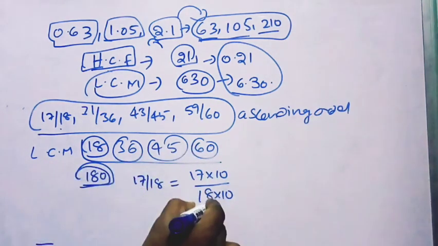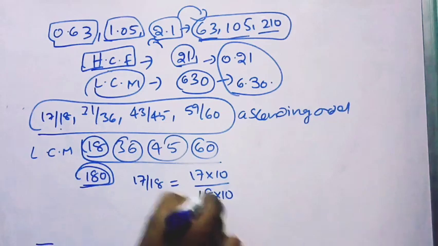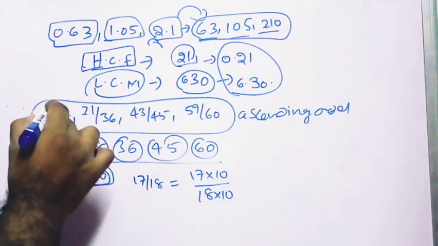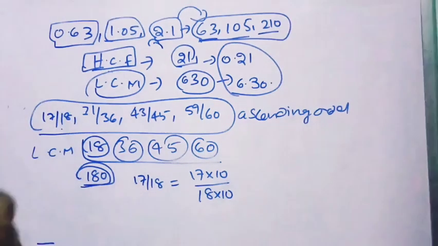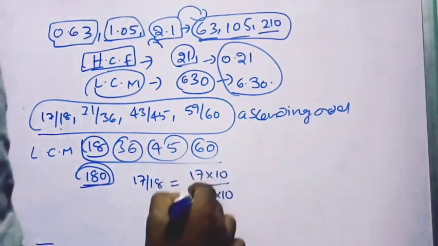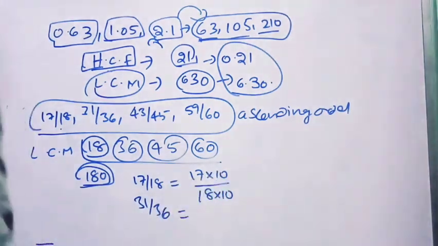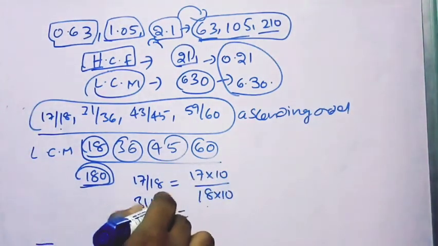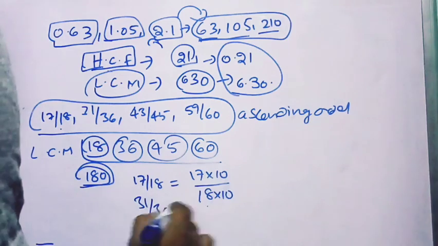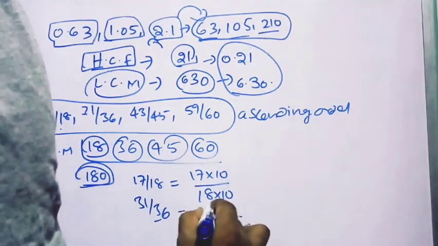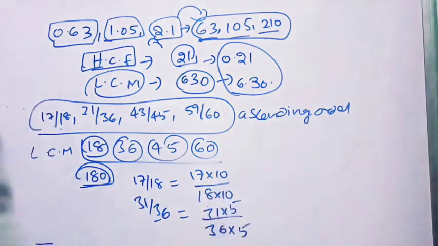How do I get 180? 18 I have to multiply by 10, and in the numerator also I have to do the same, so that the value does not change. Then similarly 31 divided by 36. How much do I have to multiply to make 180? 36 times 5 is 180, so the same I apply: 31 times 5.